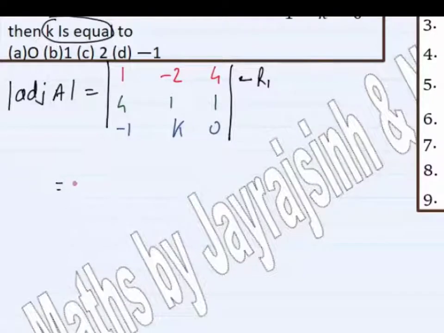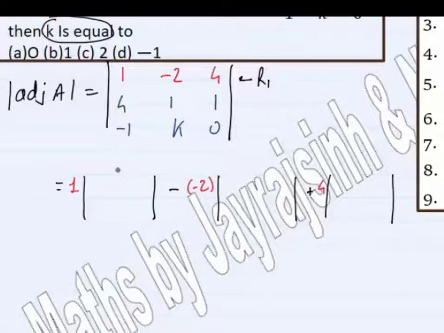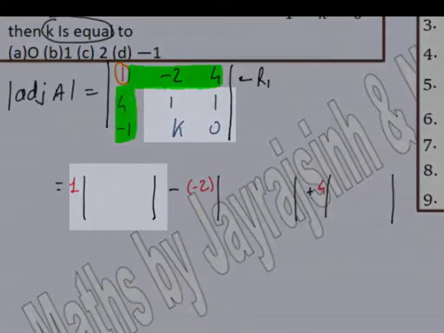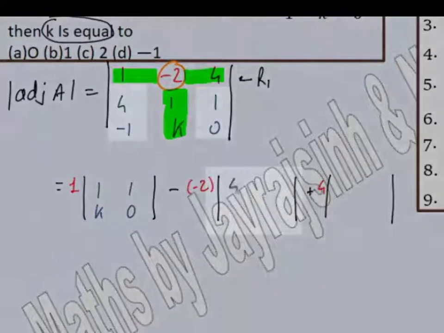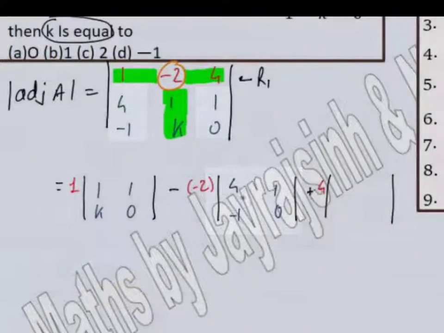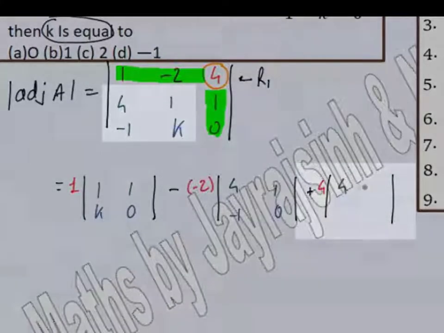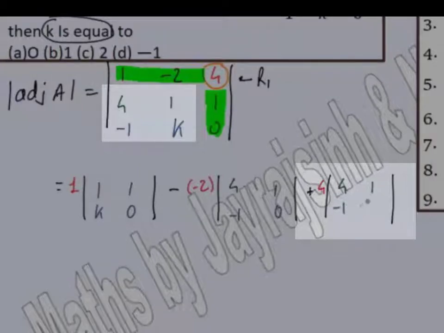So the elements of first row are 1 and its determinant, minus 2 and its determinant, and finally plus 4 and its determinant. Now let's fill the first determinant by ignoring first row, first column, which will give us 1, 1 and K, 0. Next one will be 4, 1 and minus 1, 0. Similarly, the last one will be 4, 1 and minus 1, K.